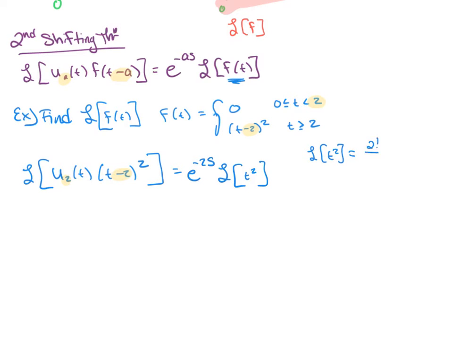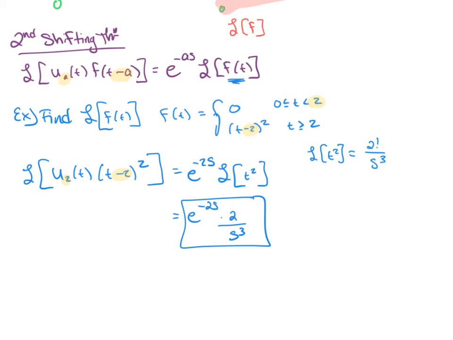That's 2 factorial over s cubed. So we have e to the negative 2s times 2 over s cubed. But again, I really want to acknowledge it was very convenient that this t had a shift of 2, and so did this one. That's why we didn't have to find the Laplace of anything more complicated.